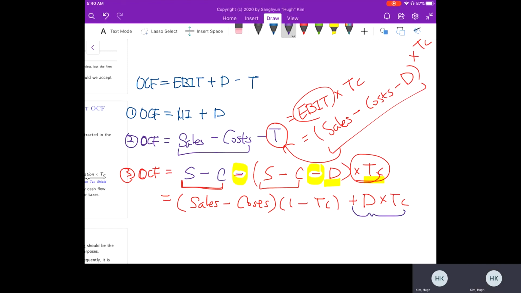This is called the depreciation tax shield.